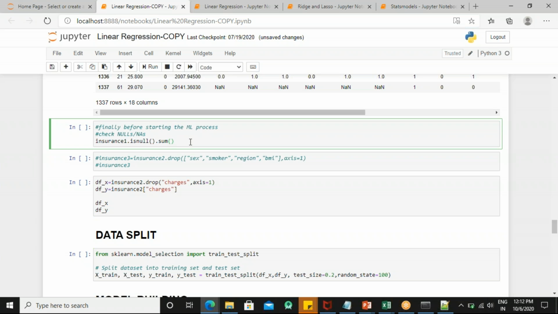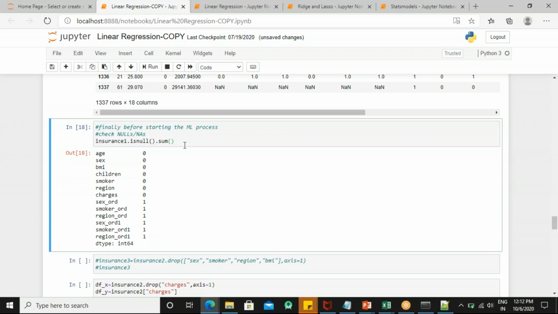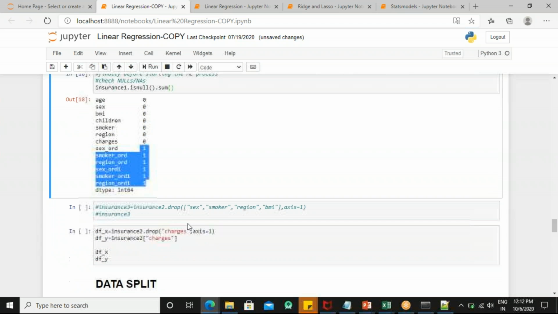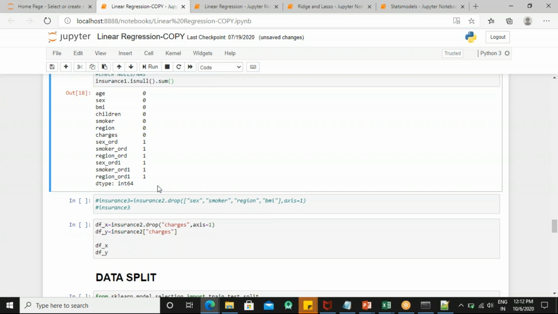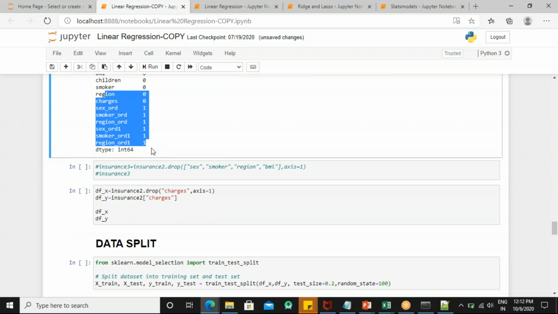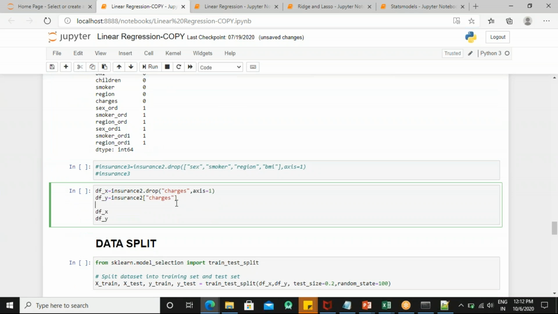So check nulls at the start and then at the end, before you do your train and test split. If nulls got introduced, I can look into that data and remove them, but this is for your knowledge.